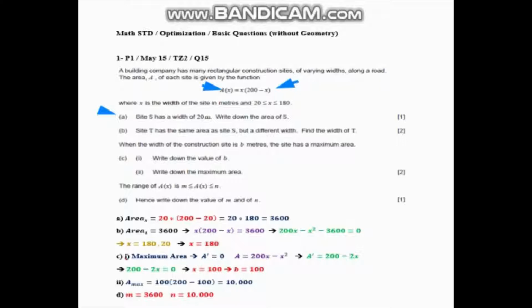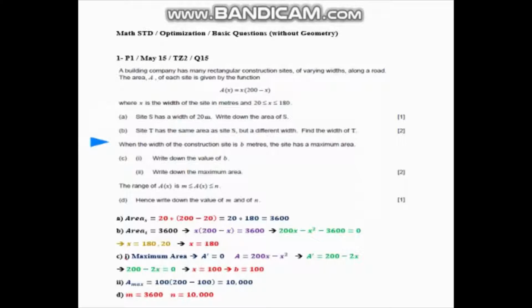In question C, I'm told when the width of the construction site is b meters, the site has a maximum area. Write down the value of b. So this is the core of this topic, the idea of a maximum area or a minimum area and so on.